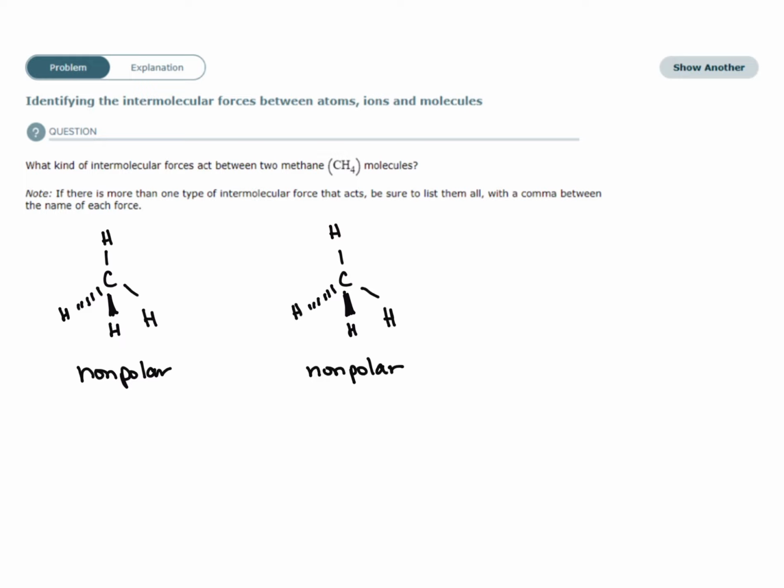So we said that dispersion forces are going to happen between all types of molecules, whether polar or nonpolar. And these are 2 nonpolar molecules, so dipole forces are not happening here. And hydrogen bonding is not happening because the hydrogen is bonded to a carbon atom, which is not what hydrogen bonding is. So the only force that happens between these 2 molecules are dispersion forces.